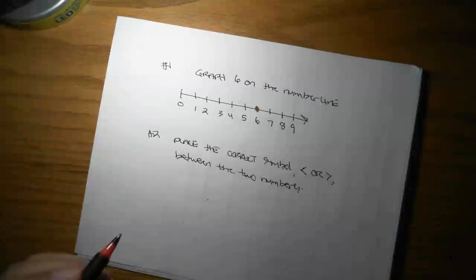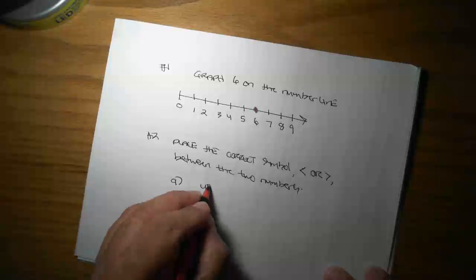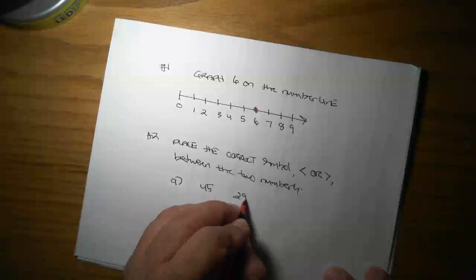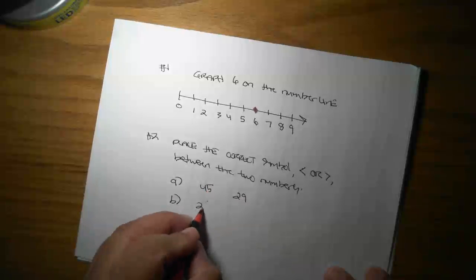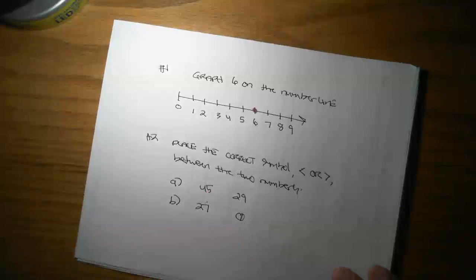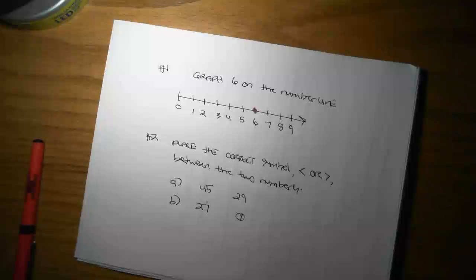Okay, so problem A gives us 45 and 29, and then problem B gives us 27 and 0. I'm going to give you a few moments to go ahead and work on that, and then I'll walk through the problem and we'll compare our answers and see if we got it correct.